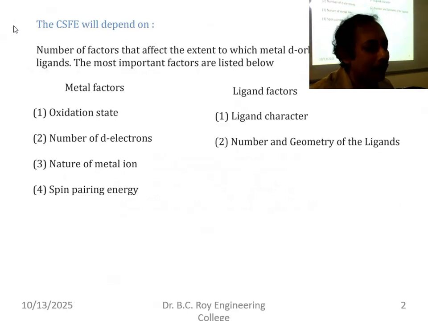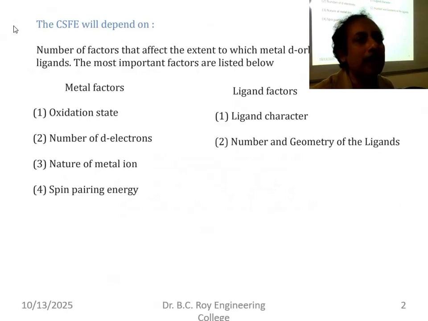Number and geometry of the ligands. Suppose the ligand itself is a very clumsy, very bulky one. Then it has a different character, because in that case, more ligands cannot approach each other. And that is also another factor. That factor is called steric crowding. Just like in organic chemistry we call it steric crowding, the same thing is here.